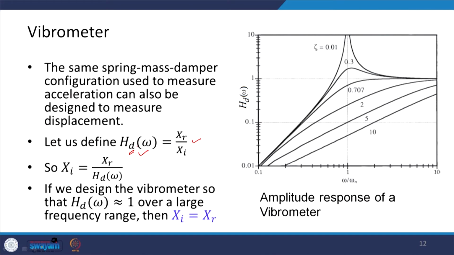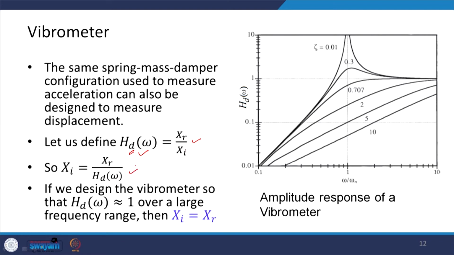And we can define Hd omega is equal to xr by xi. Here I am using the subscript d just to indicate that I am trying to measure the displacement. So, xi will be xr by Hd omega.